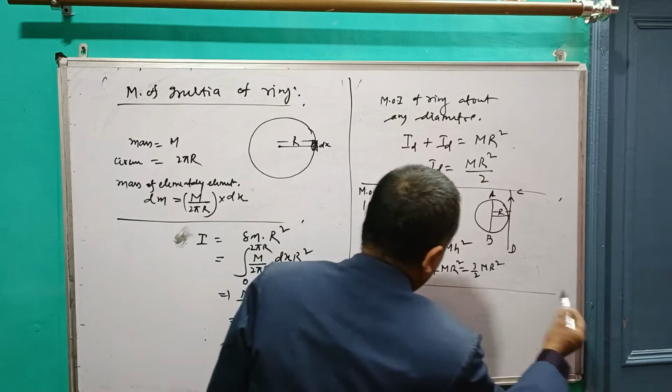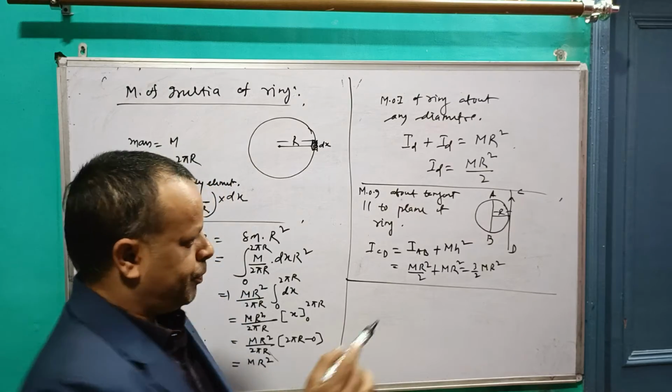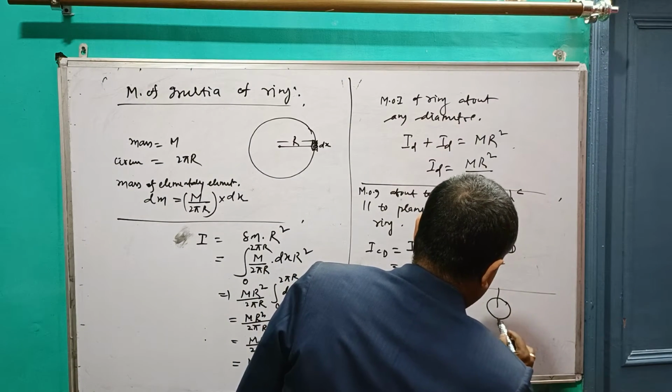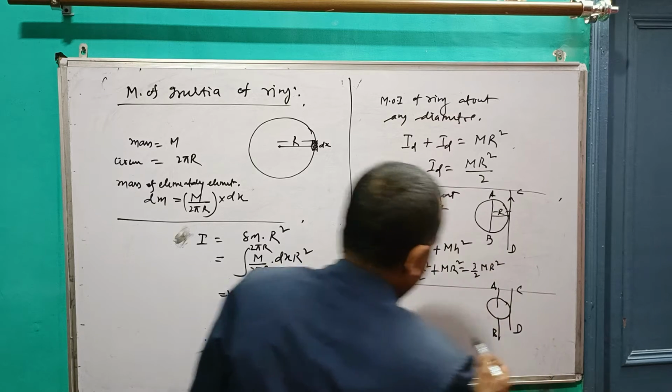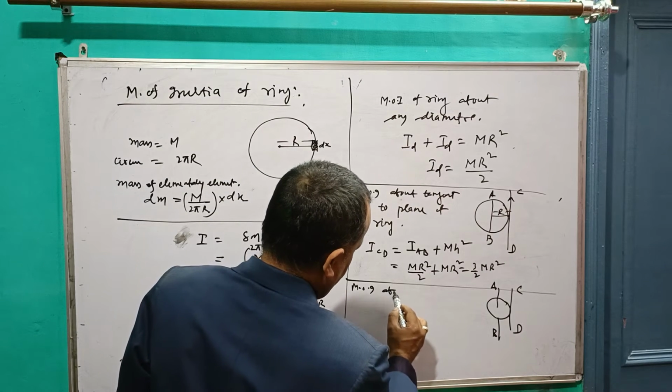Then the moment of inertia about a tangent which is perpendicular to the plane of ring. In this case, this is AB, this is CD.